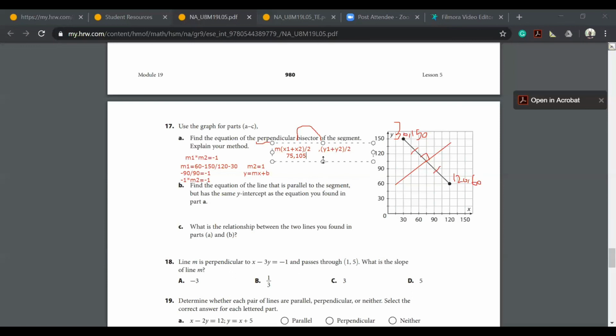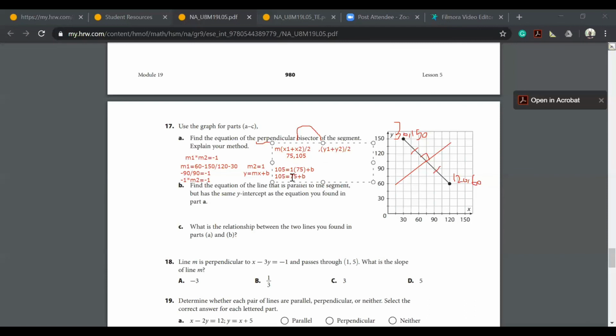Now I can use this to find my equation. So I'm going to substitute in here. y, which is 105, will be equal to m, which is 1, multiply x, which is 75, plus b. So 105 will be equal to 75 plus b.